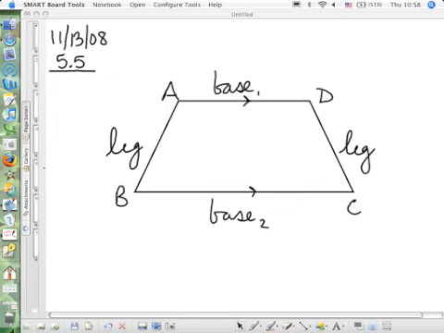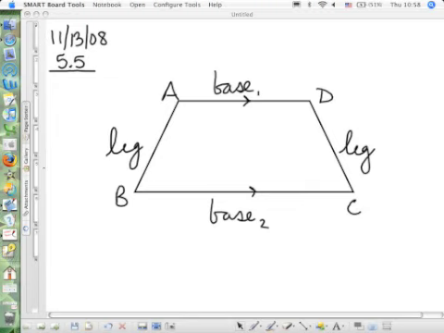We're going to start section 5.5 with the definition of a trapezoid. It's not on the board, but you can write it. A trapezoid, T-R-A-P-E-Z-O-I-D, is a quadrilateral.